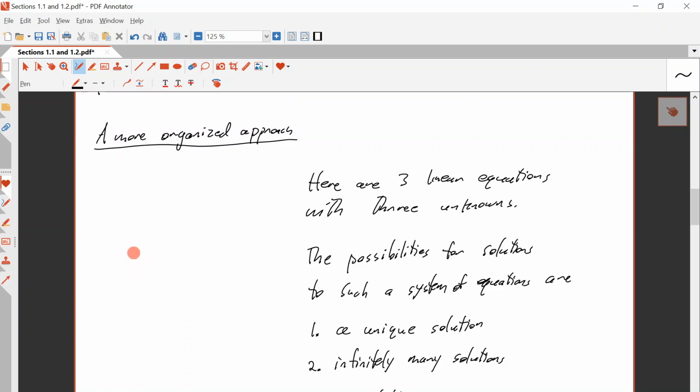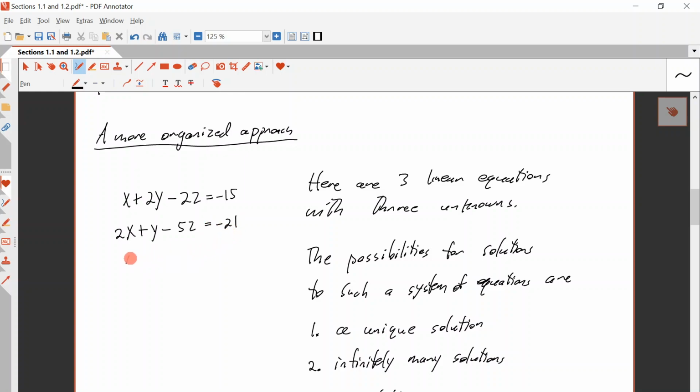So here's a system of 3 linear equations with 3 unknowns. x plus 2y minus 2z is equal to minus 15. 2x plus y minus 5z is equal to minus 21.